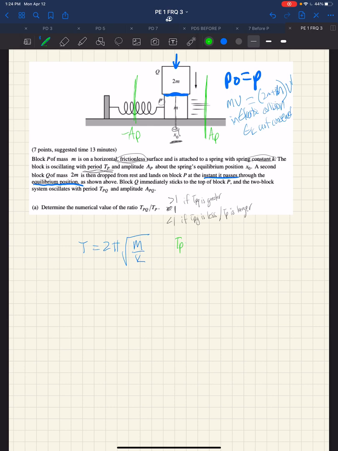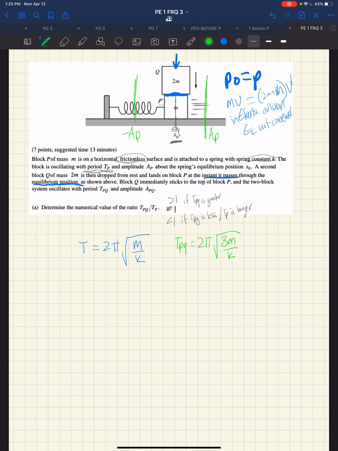We have one for TPQ, which is 2 pi times the square root of 3m, because when it's PQ, there's a total mass of 3m. And the spring constant is the same irrespective of the masses attached to it. The spring constant is an inherent property.